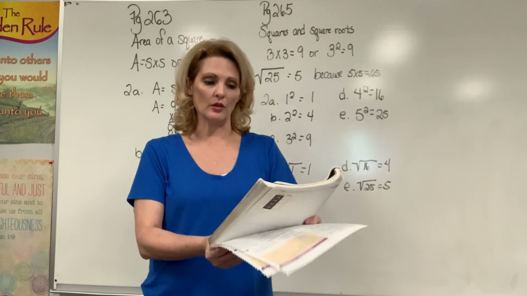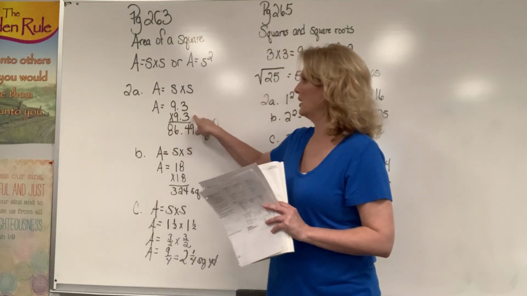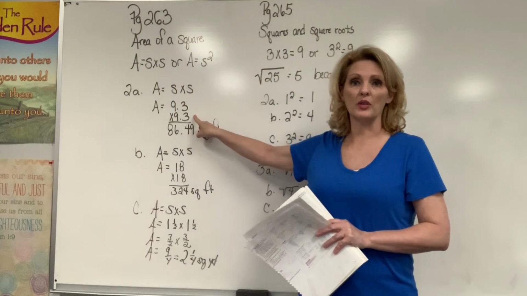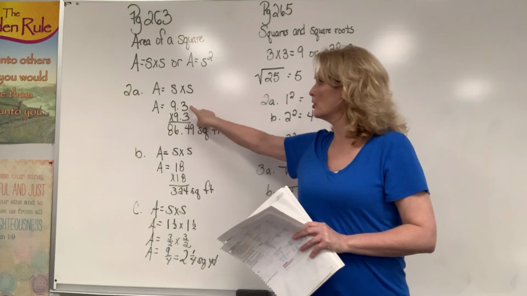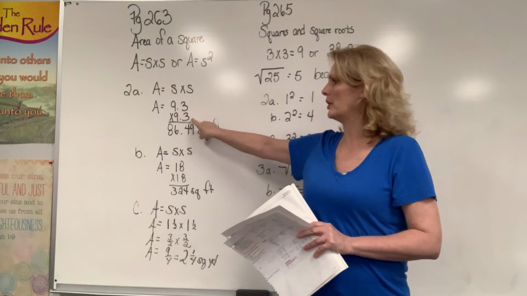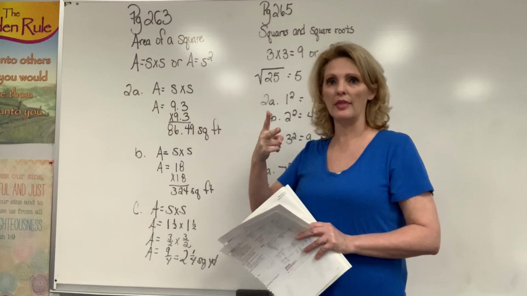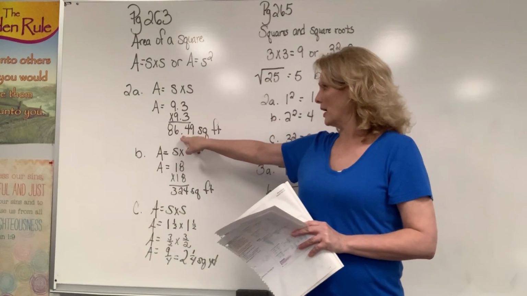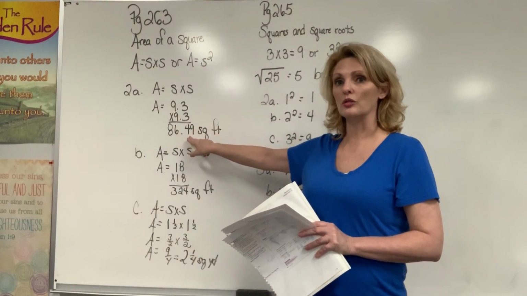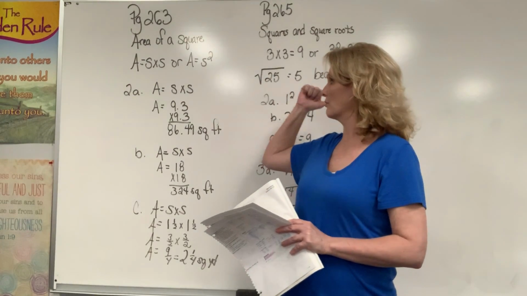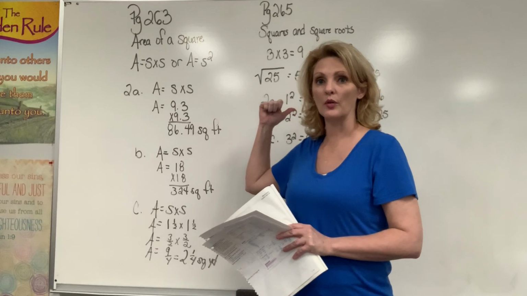Like we said on this problem here, whenever you have decimals within a problem and you're multiplying, make sure that if there are 2 numbers behind the decimal in the problem, you should have 2 numbers to the right of the decimal in your answer.